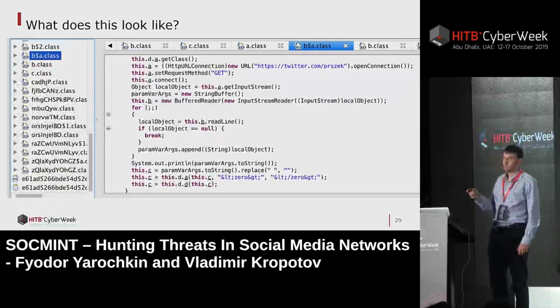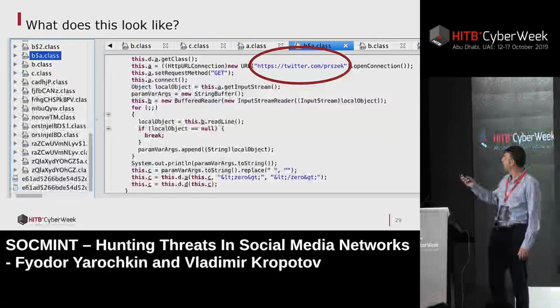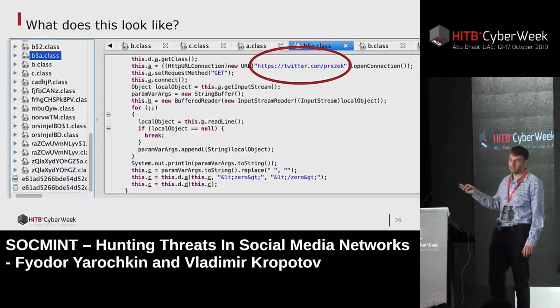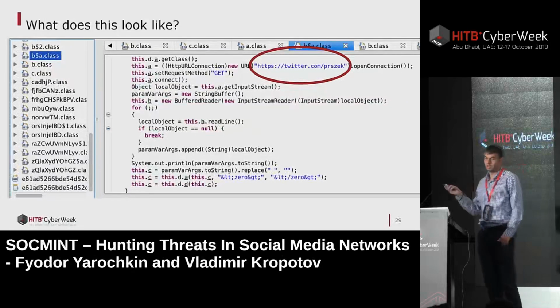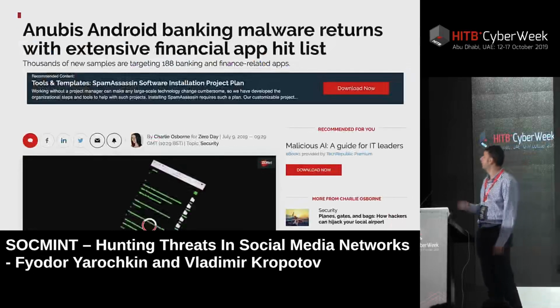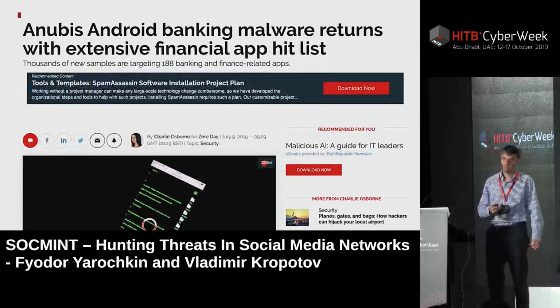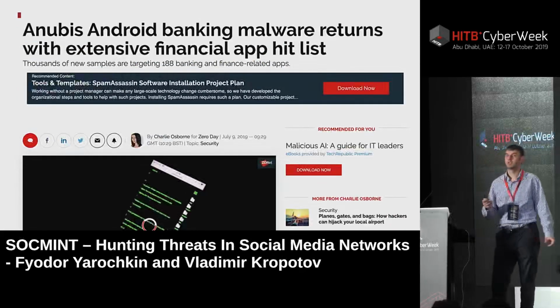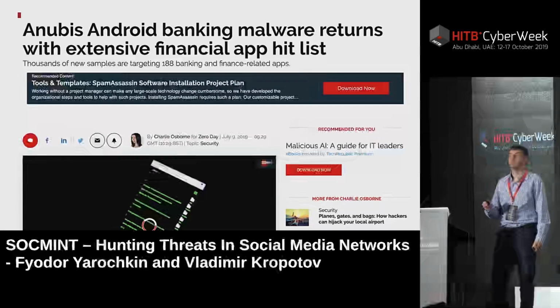If you look into the code of the malware, you can see this mention inside the code, coded in Java. This is actually a banking Trojan, which uses Twitter accounts to get C2 information.